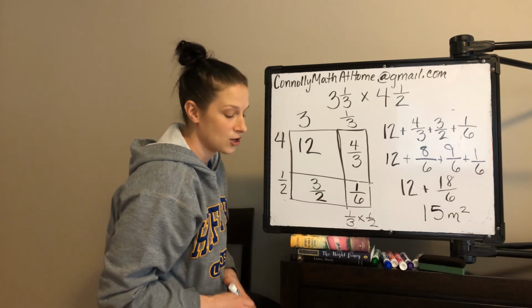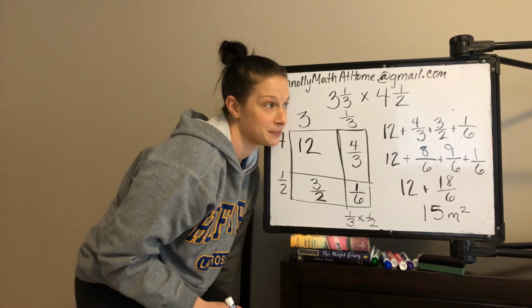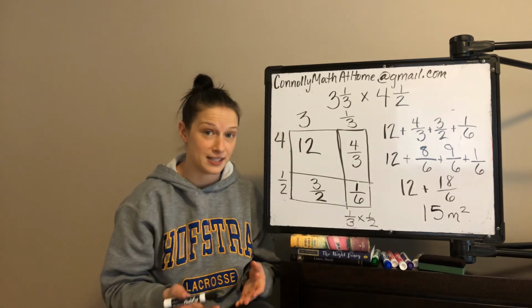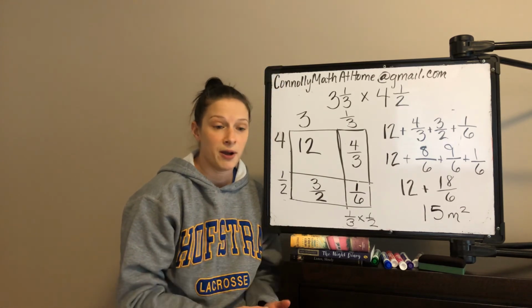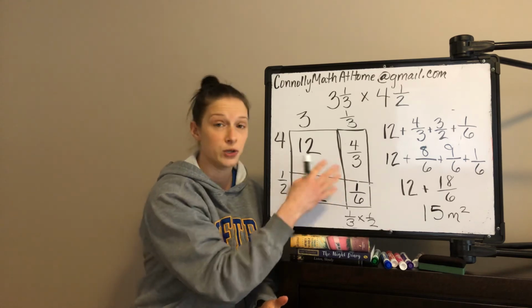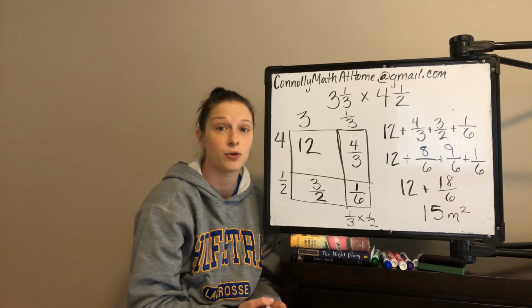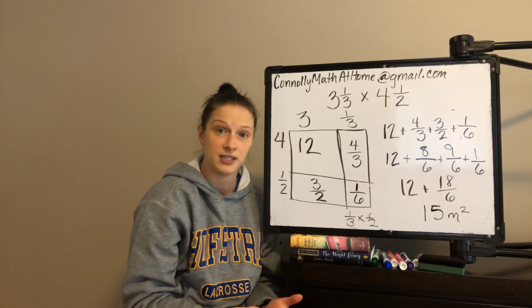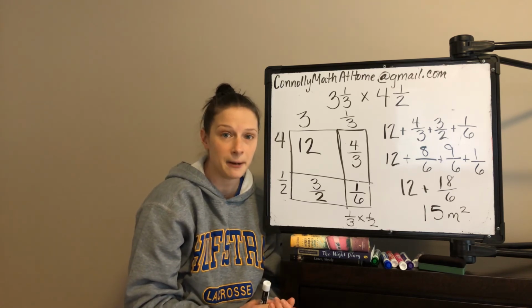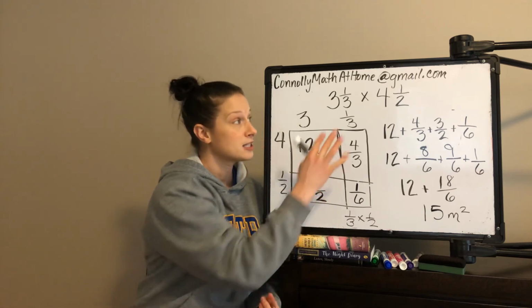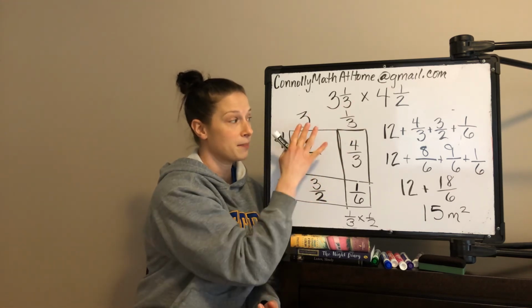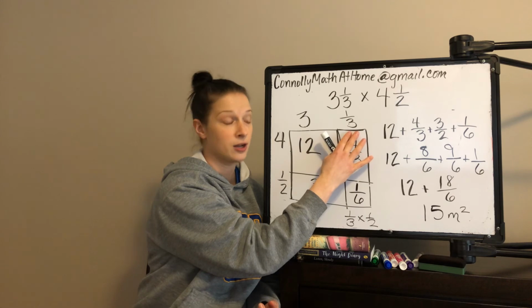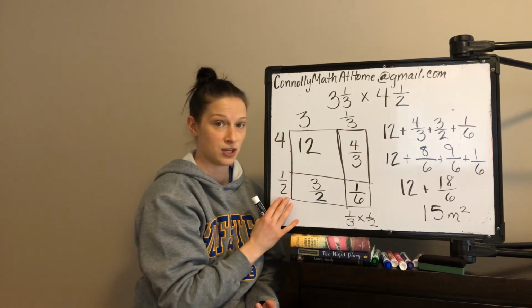All right, so let's think about what happened in all of the examples here. We thought about whole numbers, and we were used to using the area model to break up whole numbers by place value. So what we did when we got mixed number by mixed number was we split a factor up by whole number and fraction.